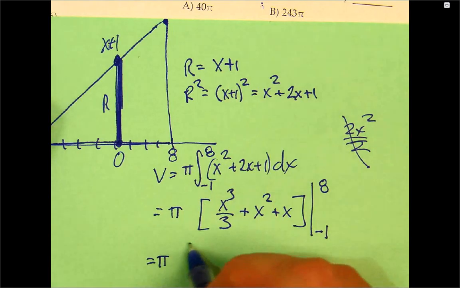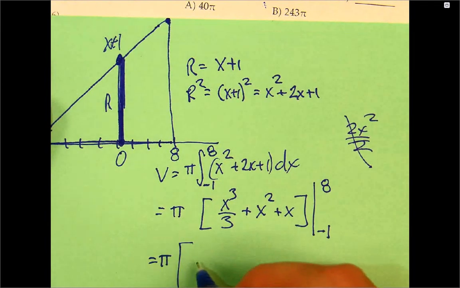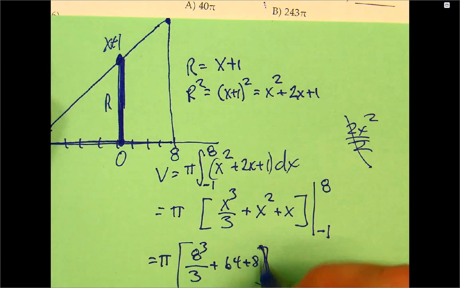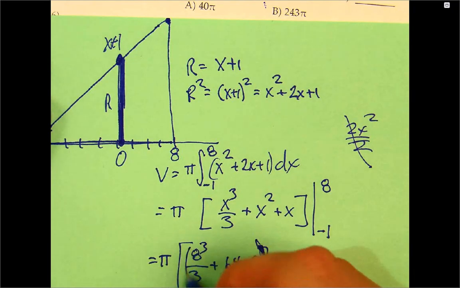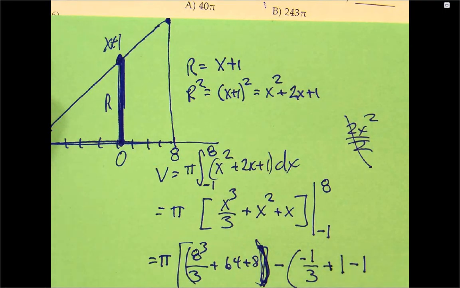Alright, so 8 cubed. 8 cubed over 3 plus 64 plus 8. That's parentheses. Minus negative 1/3 plus 1 minus 1. Well, that plus 1 minus 1, yeah, that's a 0.